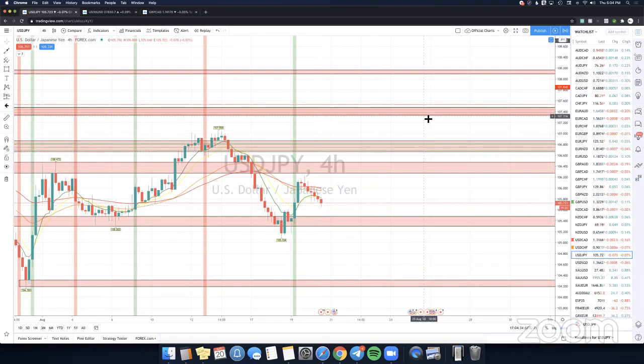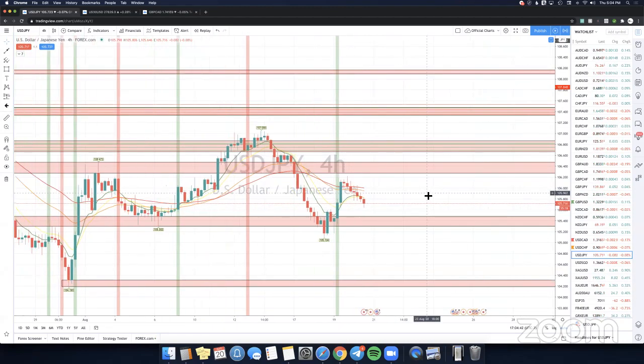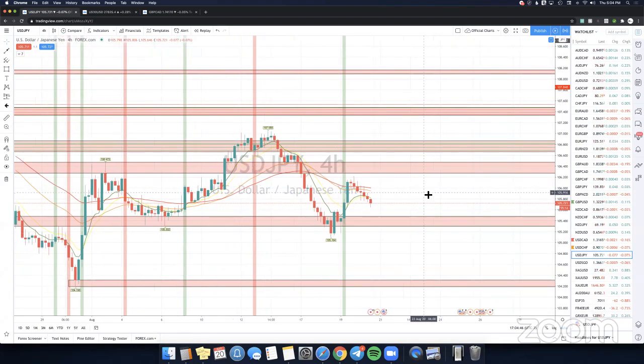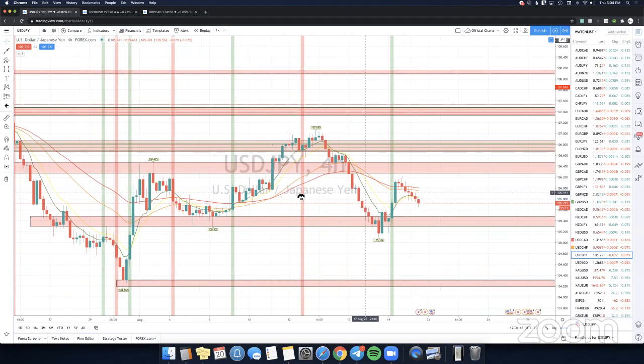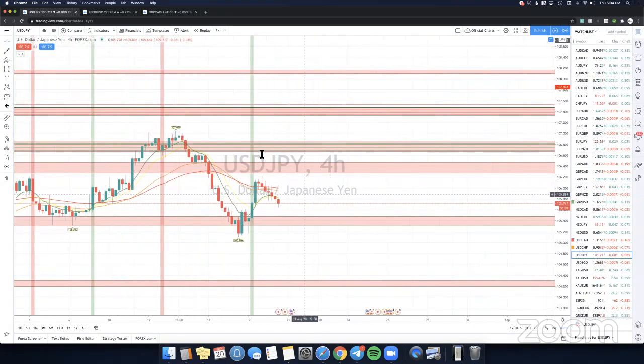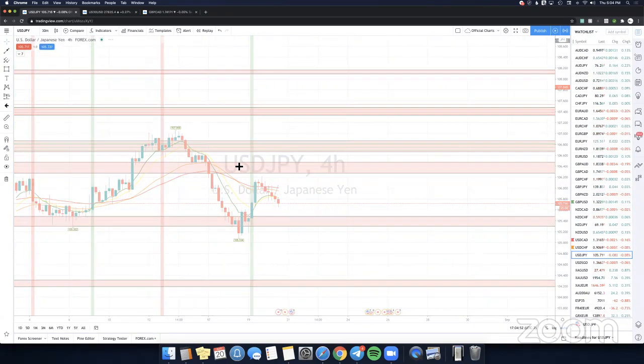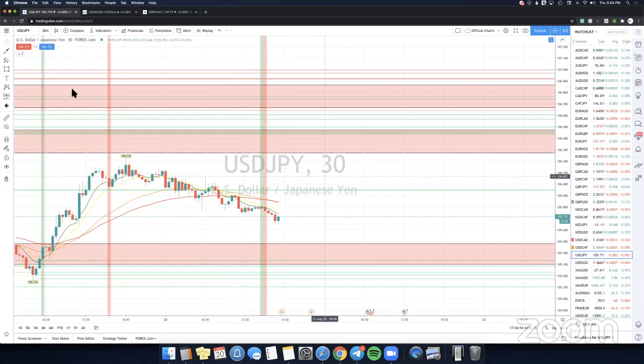Once it gets to about 15 minutes before 6, I'll get alerted, and then I can pull up the chart and start looking for trades. The reason I switched to that was because I just don't want to be on the charts all day. You can be on the 30-minute and wait all day for a signal to appear, but I just don't want to do that anymore.